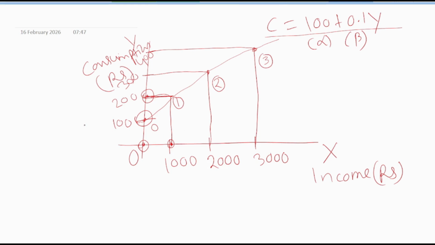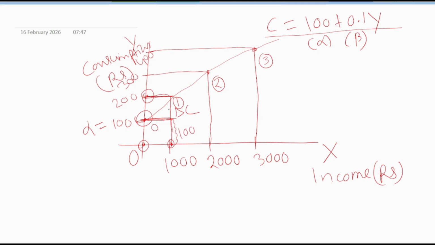So here this is 100, that is the alpha value, which is the autonomous consumption, because when income was 0, the value of consumption was 100, so this is the alpha. What is the beta value? Beta value is the slope coefficient, and in this graph we can find out the slope coefficient, that is delta C by delta Y. Here delta C can be found out as change in the consumption. Initially he was consuming 100.